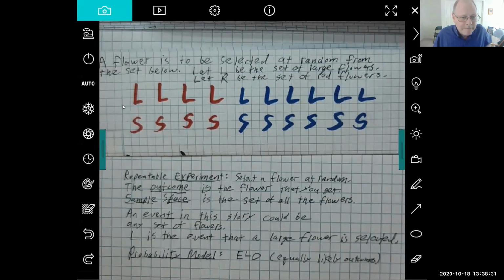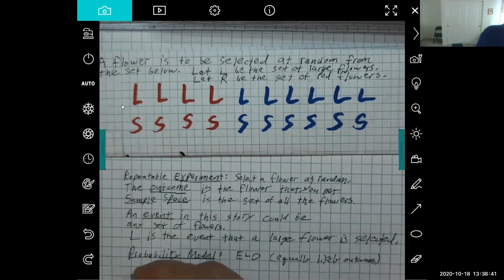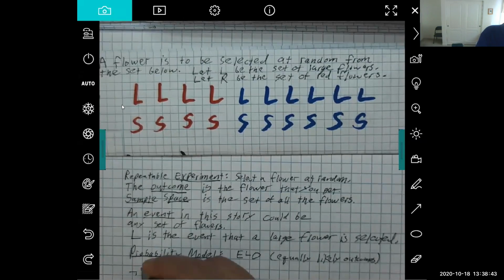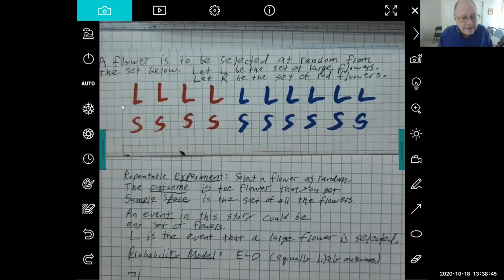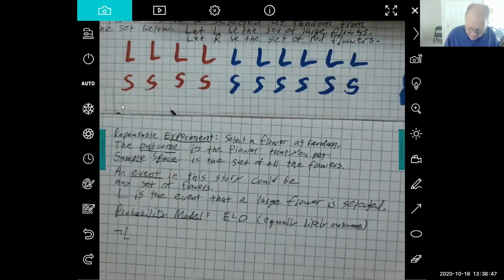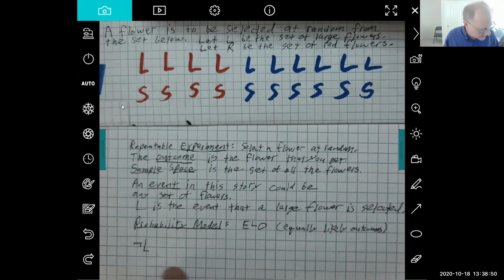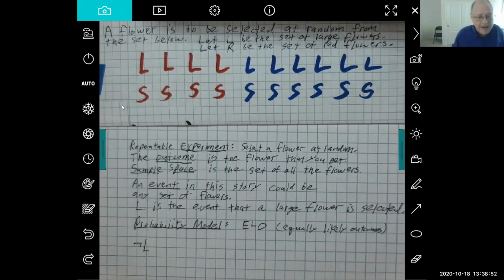So we've got our model. Now I want to get around to a couple of simple things. The first one, law of the complement. So this "not L," or some notation uses a tilde. I'm using this little not symbol, but "not L" is the event that you don't get a large flower.